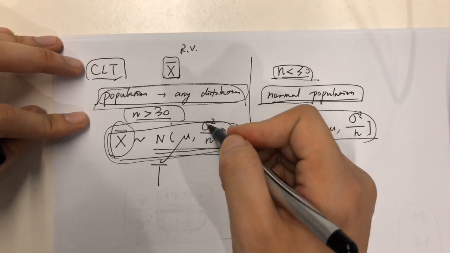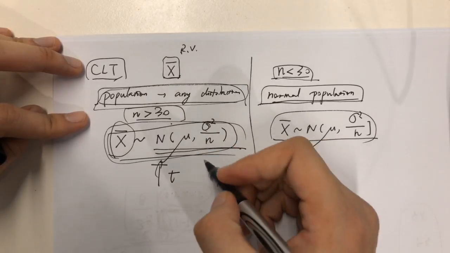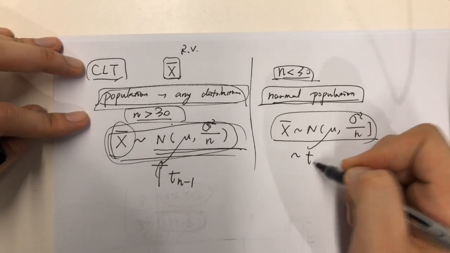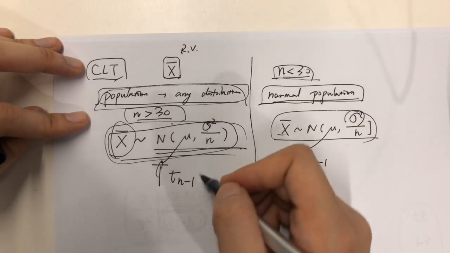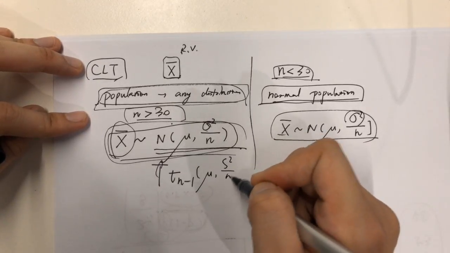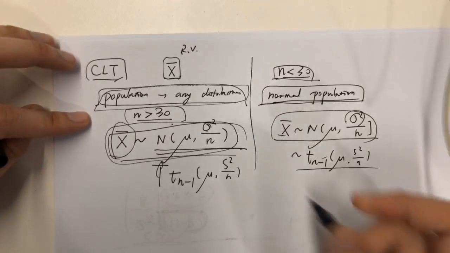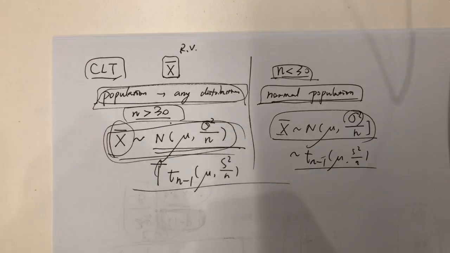So basically, if sigma is unknown, then x bar will follow a t distribution with degrees of freedom n-1. If sigma is unknown, x bar follows a t distribution with mean mu and variance s squared divided by n. So this is when sigma is unknown, okay?